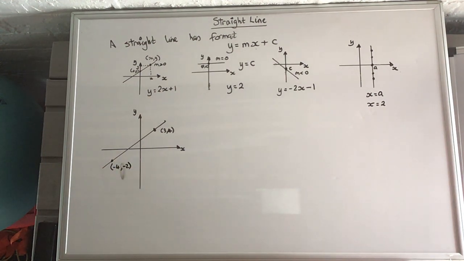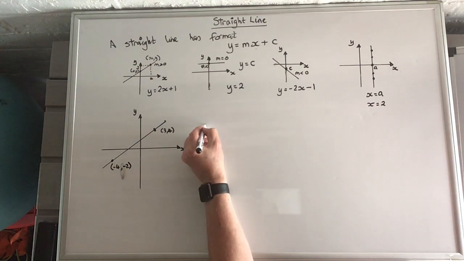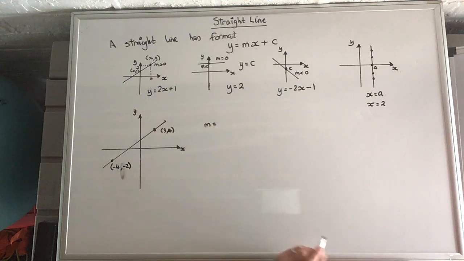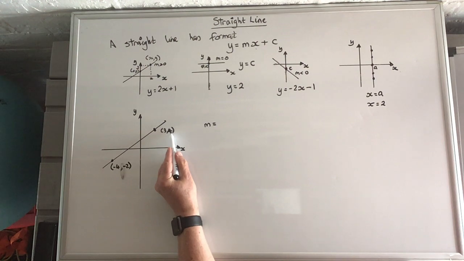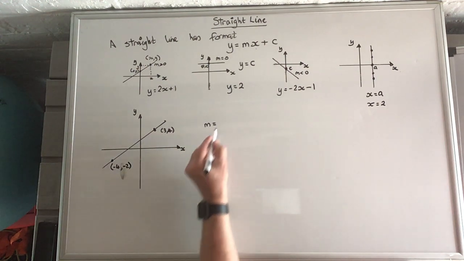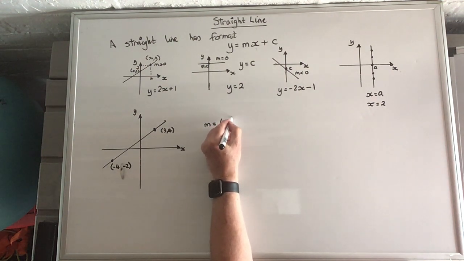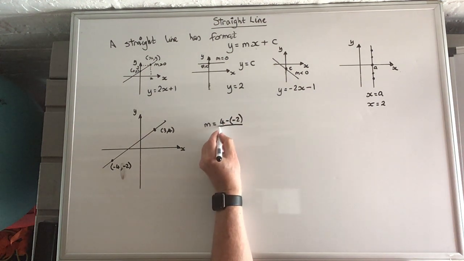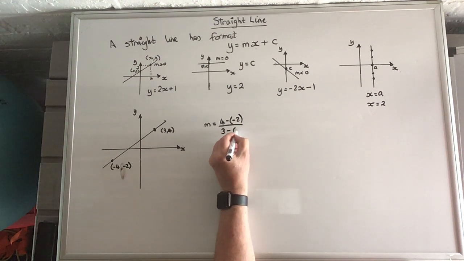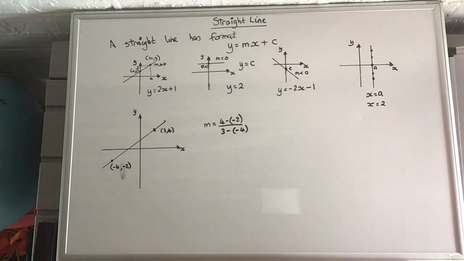So, question, what's the equation of the straight line? Well, we work out the gradient. y2 minus y1, so we'll make this y2 this time, so that's 4 minus minus 2, so that's 4 minus negative 2, all over 3 minus minus 4.